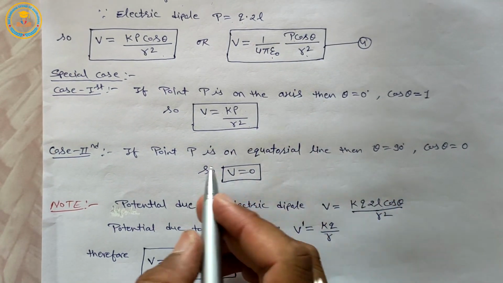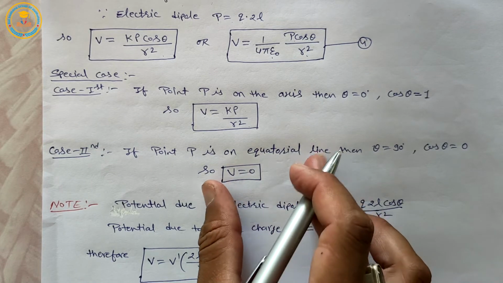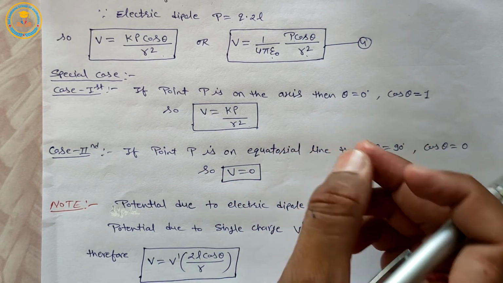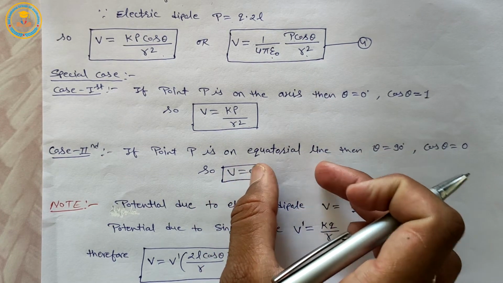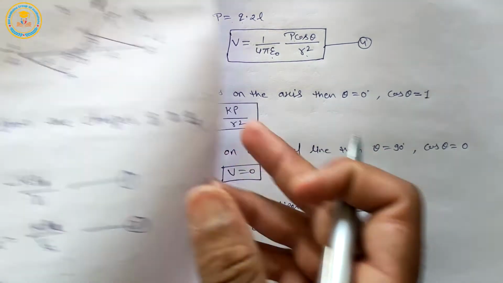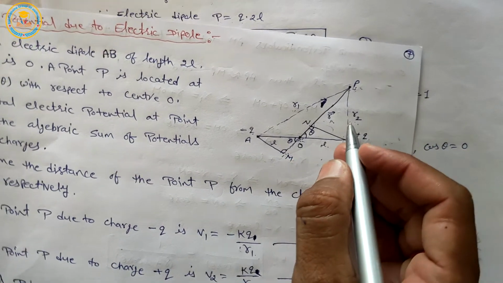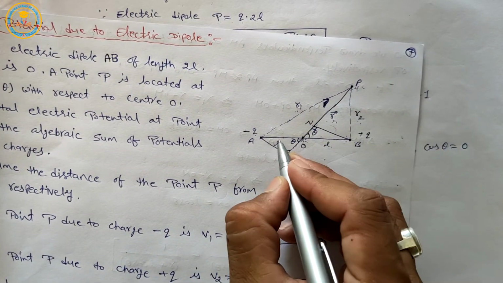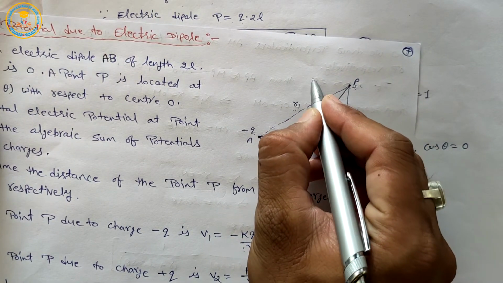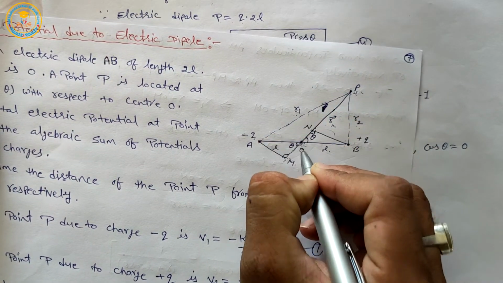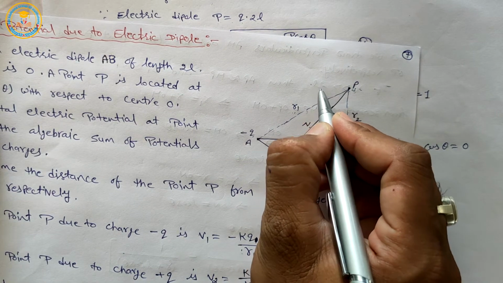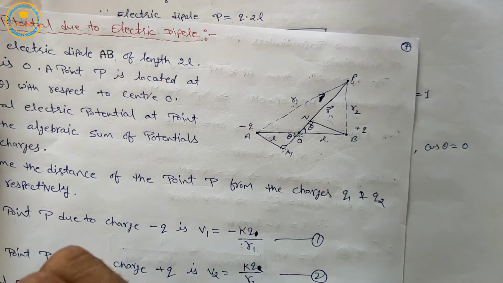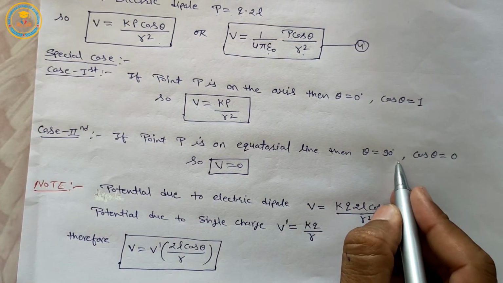Case second. If point P is on the normal to the electric dipole, it means on the equatorial line. The equatorial line is the line passing through the center and perpendicular to its axis, like this. So if point P is placed here, then θ is equal to 90 degrees.